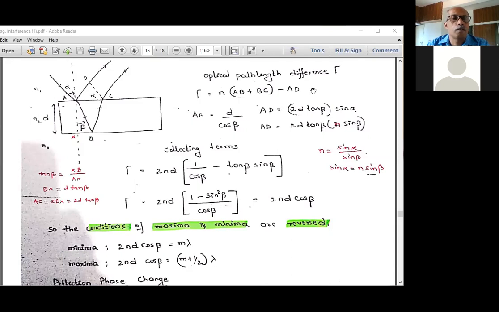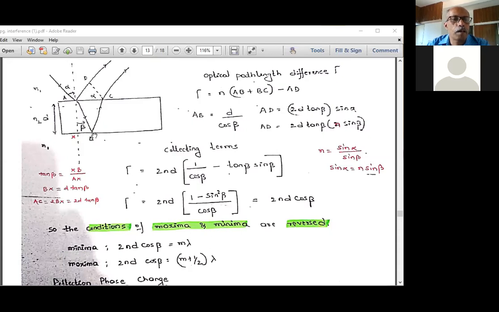traveled by the two beams is given by, here this is the incident ray, incident on the thin film at an angle of incidence alpha. A part will be reflected from the upper surface of the film directly into the same medium. A part will be refracted into the thin film at an angle of refraction beta.